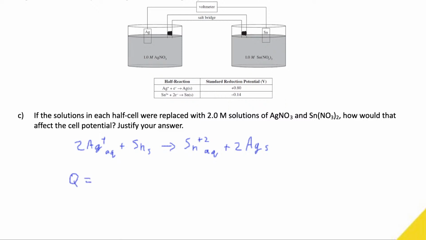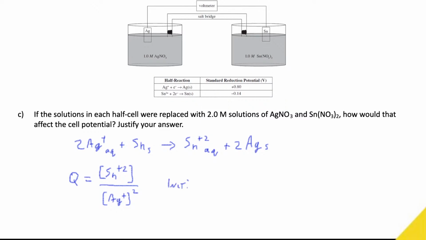In this case, my products is Sn2+ divided by Ag+ squared. Initially I had 1 over 1 squared, which is just 1.